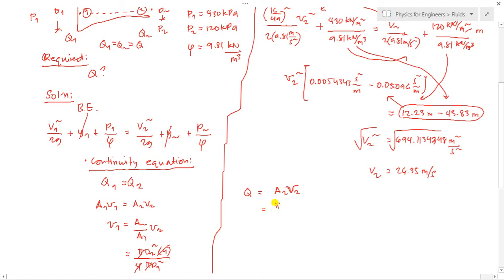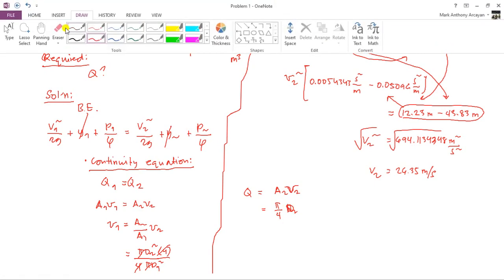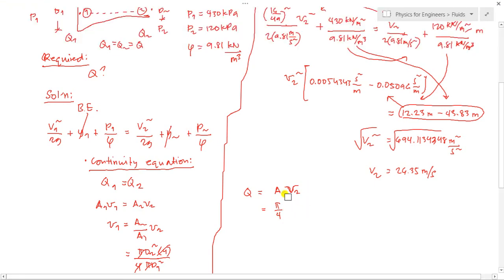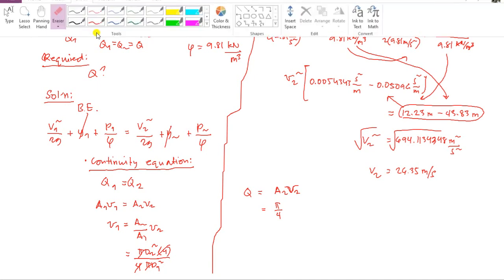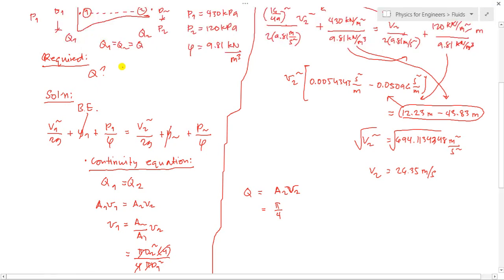Area at point 2 is pi over 4 times the diameter at point 2 squared.